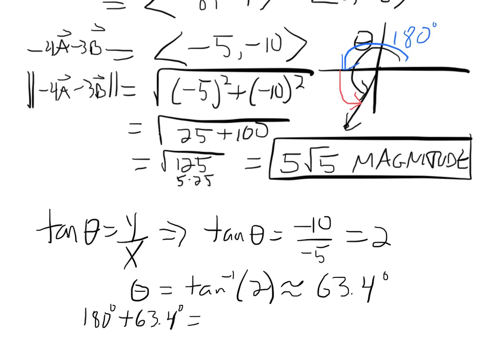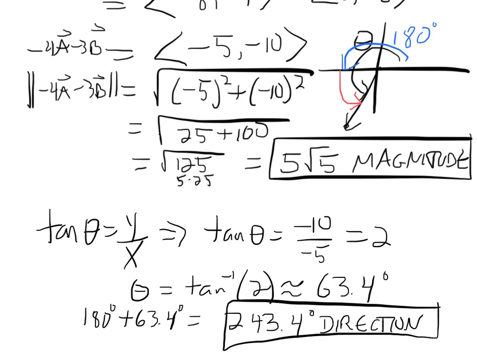And we get 243.4 degrees direction. Okay, we found the magnitude and direction of this vector, negative 4a minus 3b. Great.